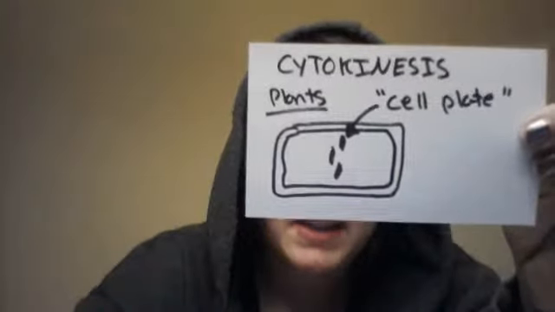And that's for any cell that has only a plasma membrane. Now, there may be some prokaryotes out there that have just a plasma membrane, and if they do, that's how they would go about pinching off for cytokinesis. However, most plant cells and most prokaryotes have a cell wall.